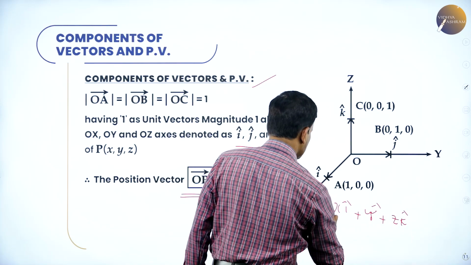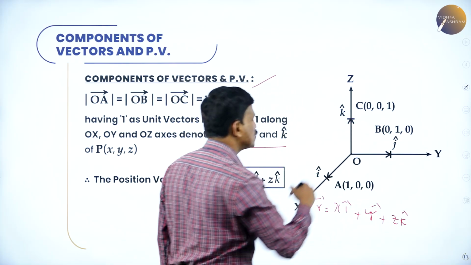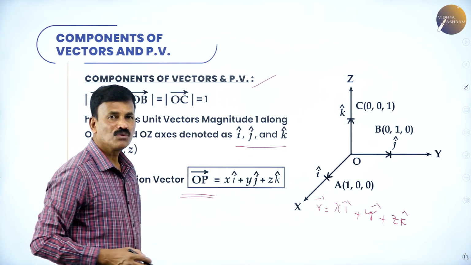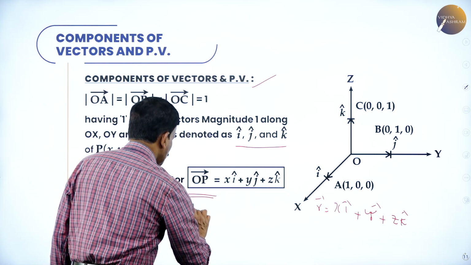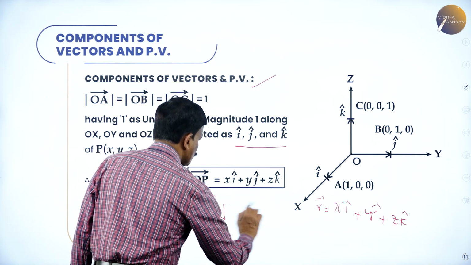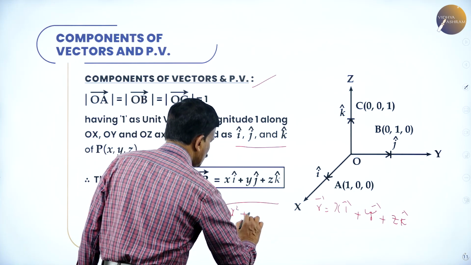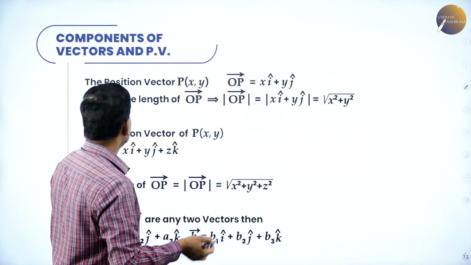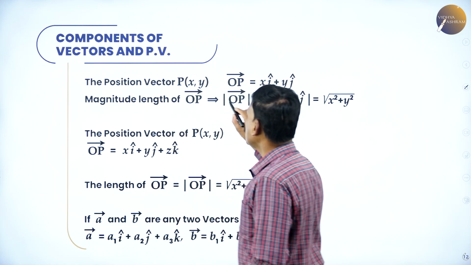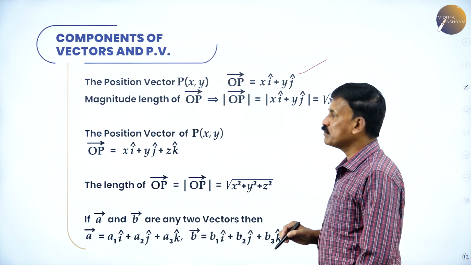This is called the position vector of the point P(X, Y, Z), and it is denoted as OP equals vector R equals Xi plus Yj plus Zk. And what is the magnitude of this? The length of this vector is the square root of X square plus Y square plus Z square. That's it. Okay. Now, see, the position vector of P(X, Y) is OP equals Xi plus Yj.